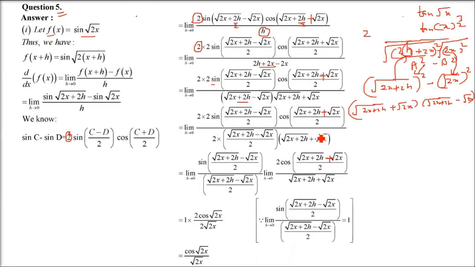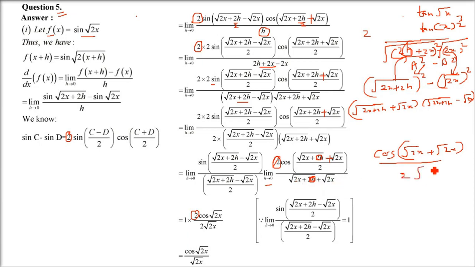Now coming here. So we can apply the limit. So I'm applying the limit to, this is already there, 2 cos. Now, inside this we have h going to 0. So 2h goes to 0. So under root 2x plus under root 2x. This will be twice under root 2x. Here also we are applying the limit.